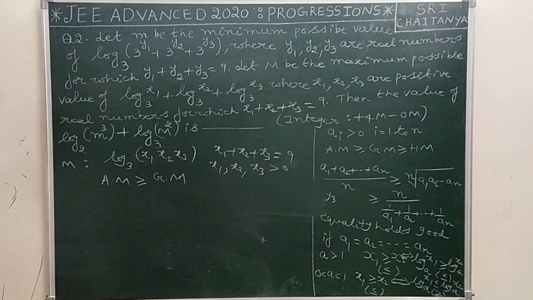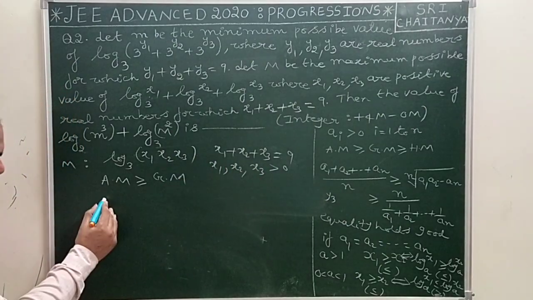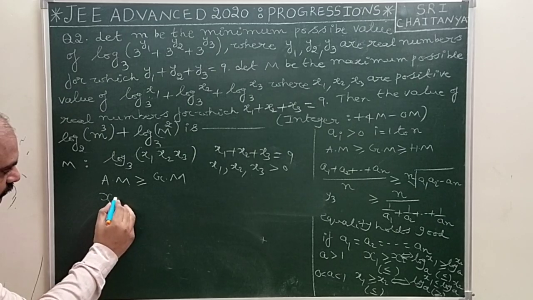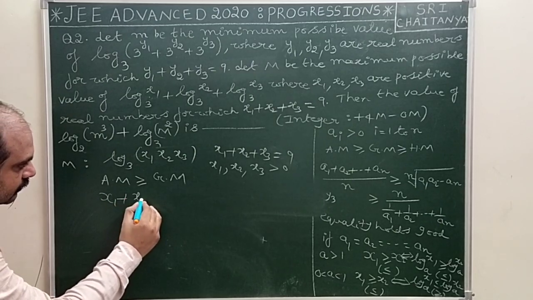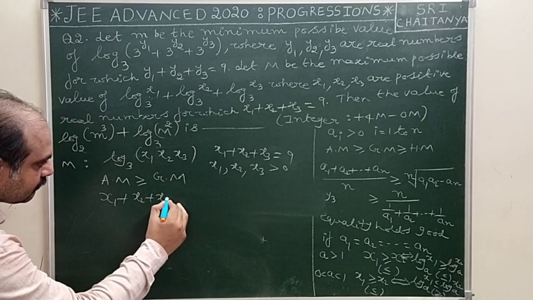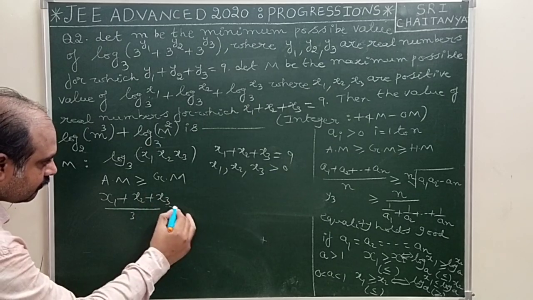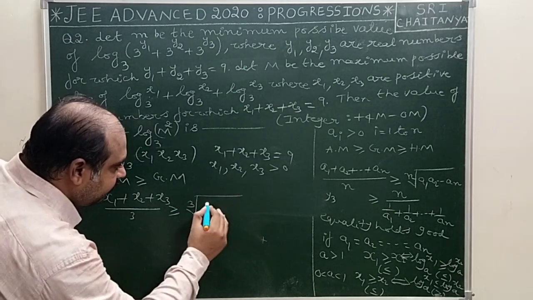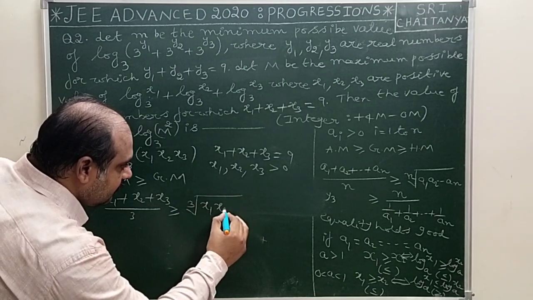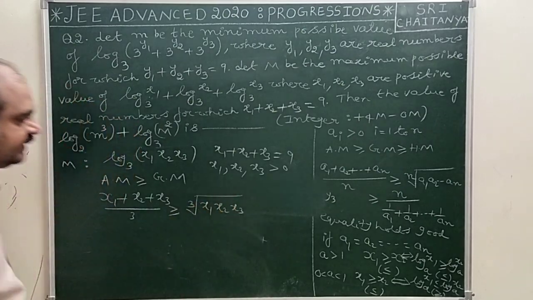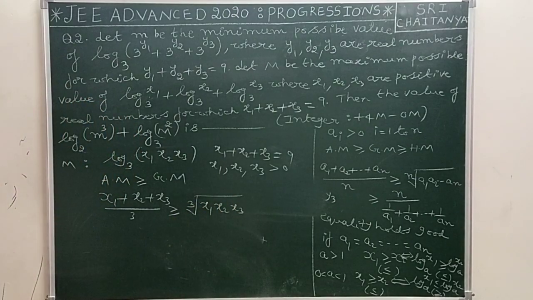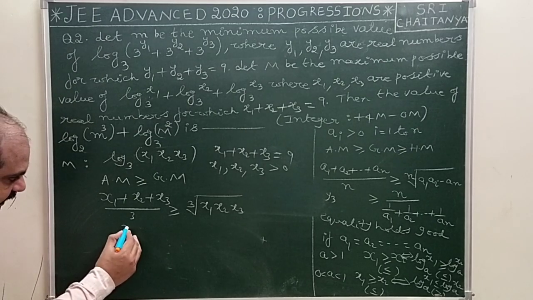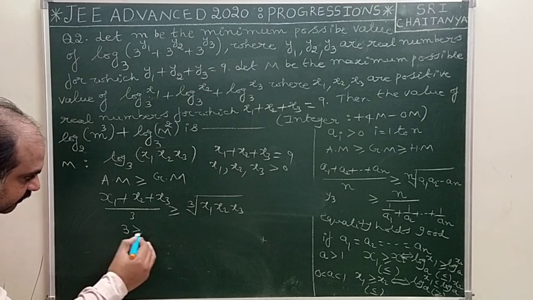So now look, I am writing for x1, x2, x3: (x1 + x2 + x3)/3 is greater than or equal to the cube root of x1 x2 x3. Now this is 9 divided by 3, so 3 is greater than or equal to the cube root of x1 x2 x3.